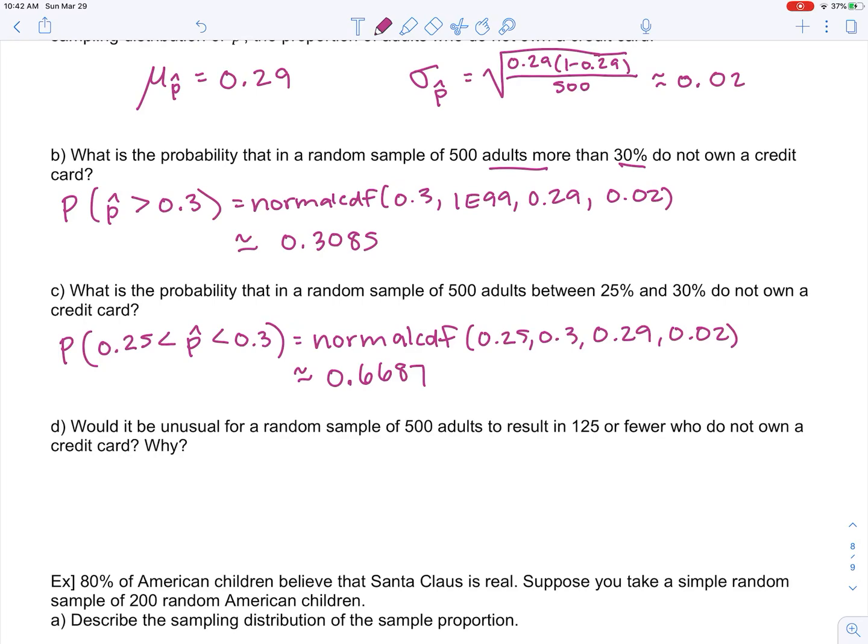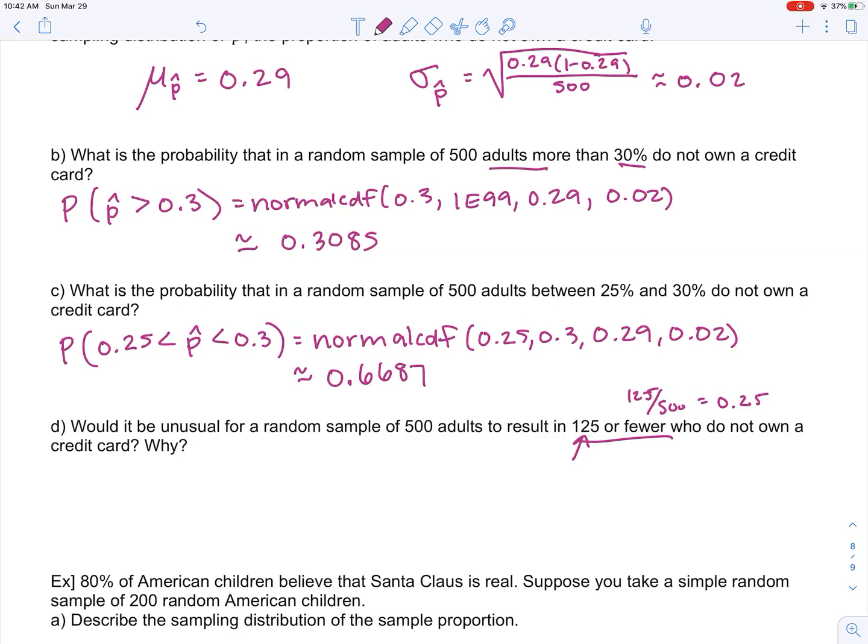0.6687. Would it be unusual for a random sample of 500 adults to result in 125 or fewer who do not own a credit card? Why? The important thing to note here is that you need to convert this into a proportion. So it's 125 out of 500, which is 0.25.